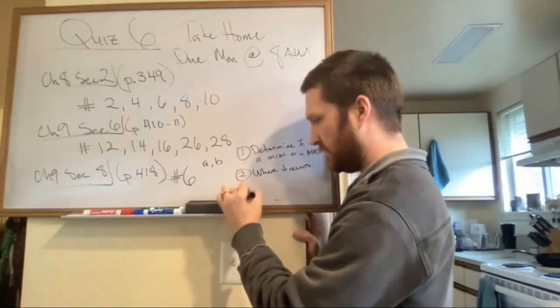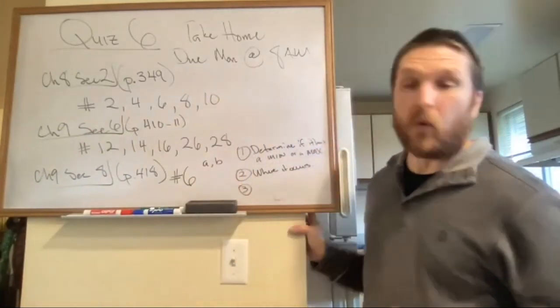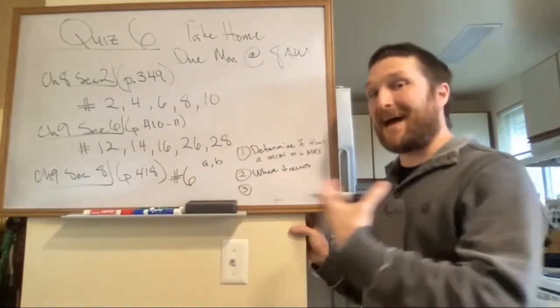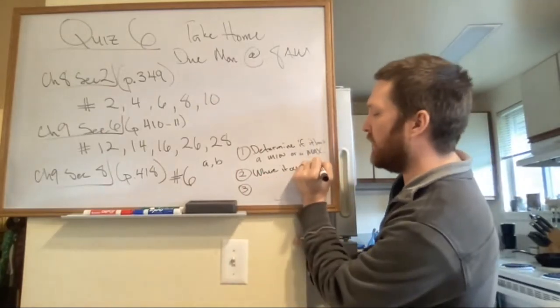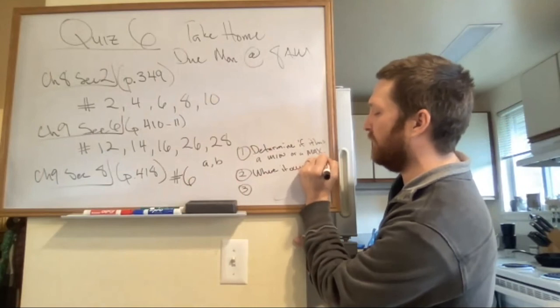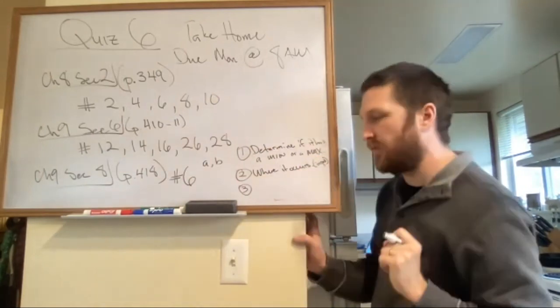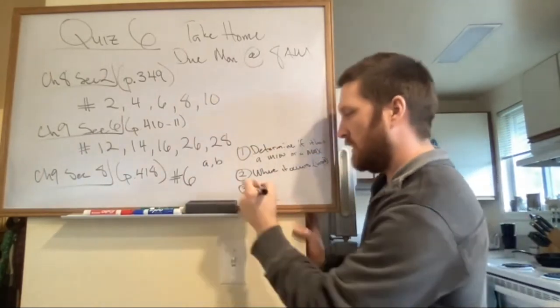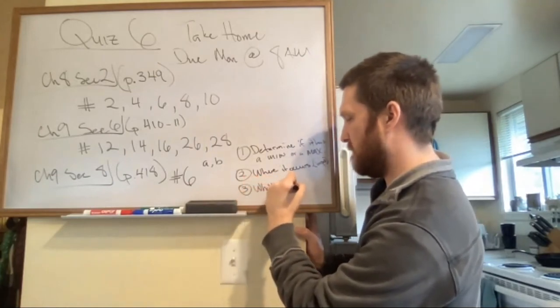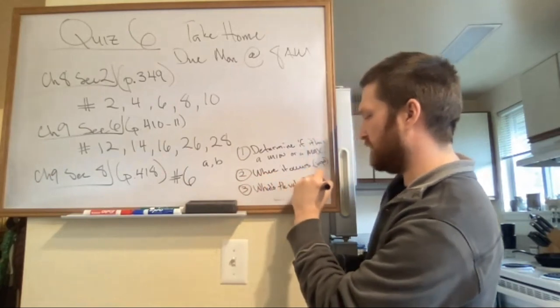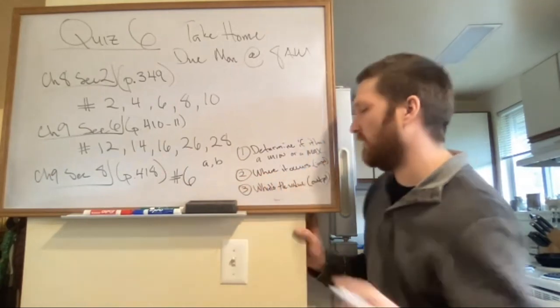So when I'm asking where does it occur, I want to know what is the input value for that min or the max. And then I'm asking for the output value of that.